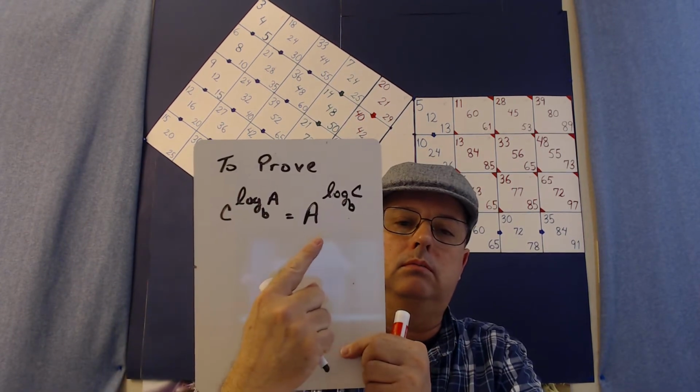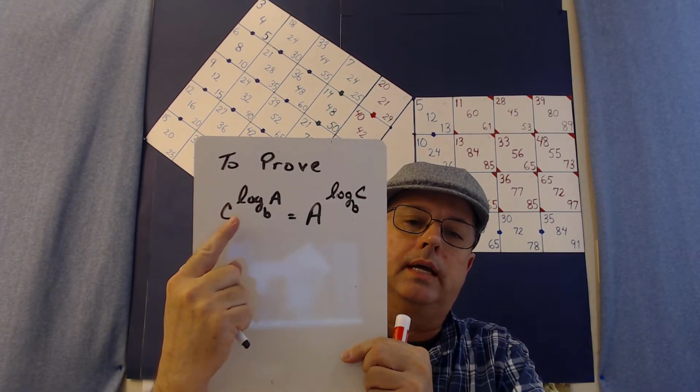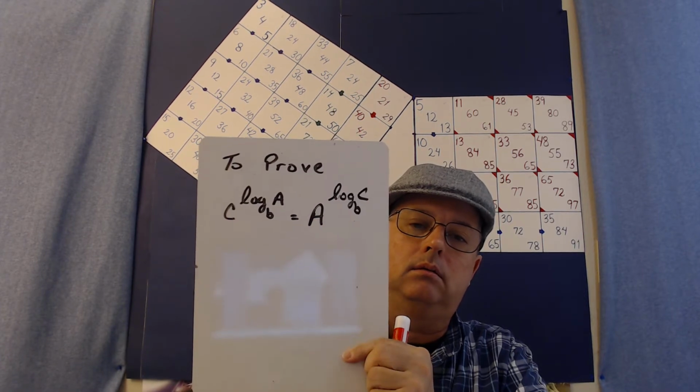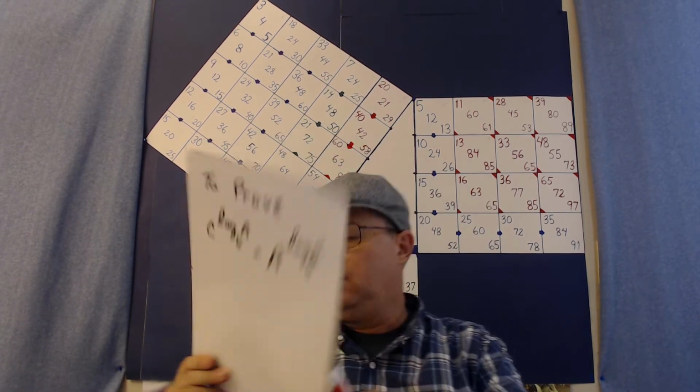We are trying to prove that c to the log base b of a is the same as a to the log base b of c. We're trying to prove this to be true. We're trying to say that this can become that.